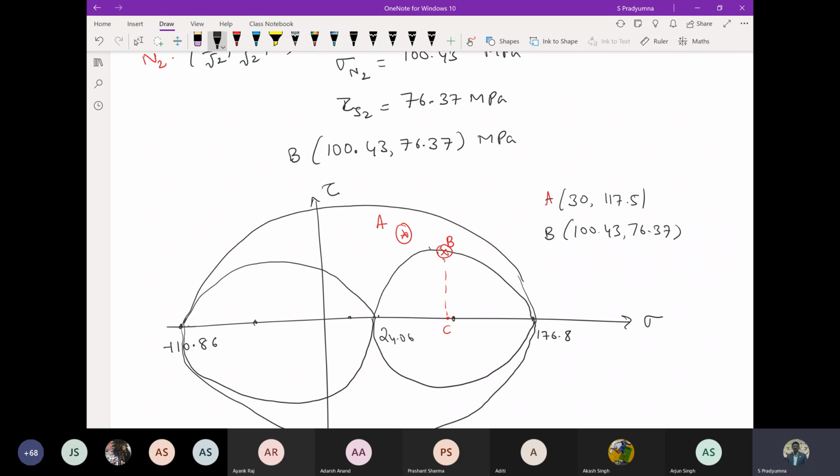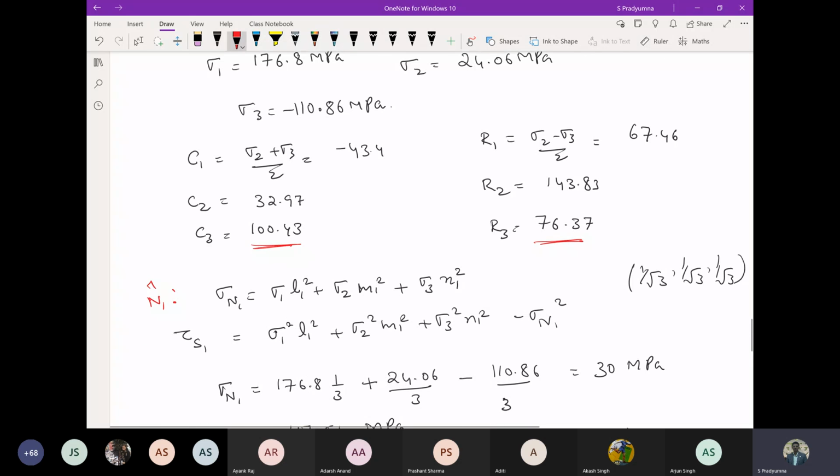Now what is the value of maximum shear stress from this? This one, that is the center C2, and this is the radius R2. So this is my tau max, and the value of tau max is equal to R2. This is the value of tau max, that is 143.83 megapascal.